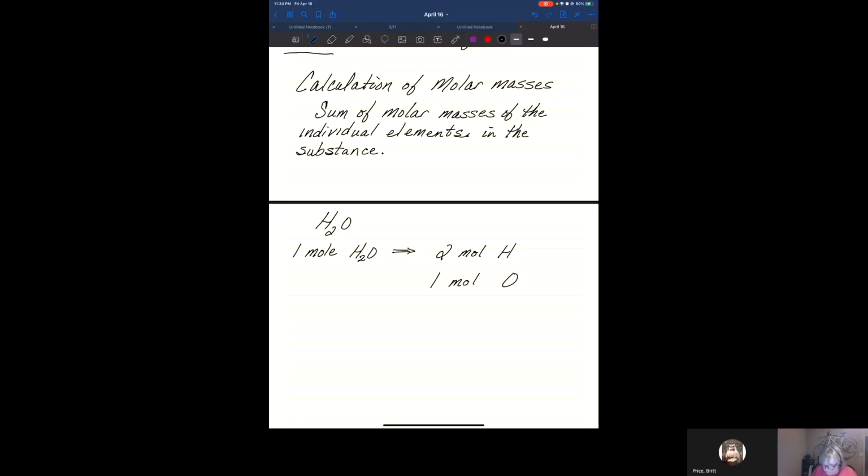Thus, if I want to calculate the molar mass of water, I would have 2 times the molar mass of hydrogen plus 1 times the molar mass of oxygen.